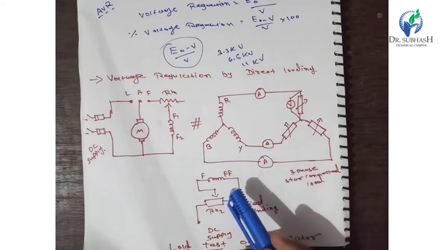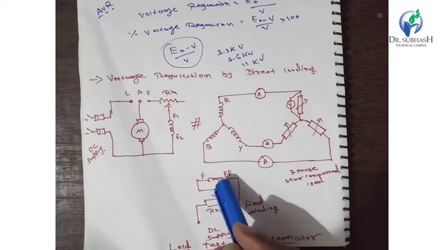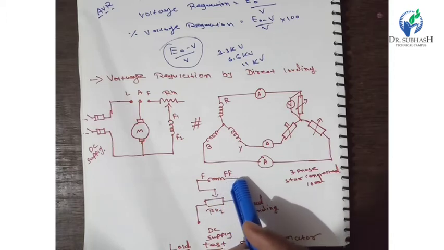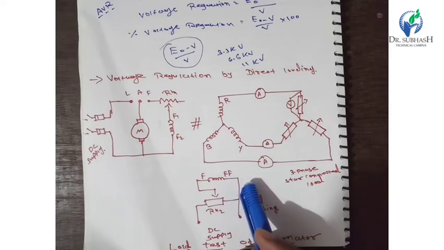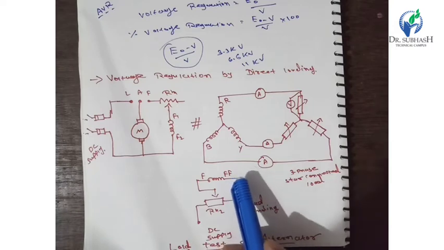The alternator excitation is increased till rated voltage is developed across the alternator terminals. Now the load is increased till rated current is developed by the alternator.